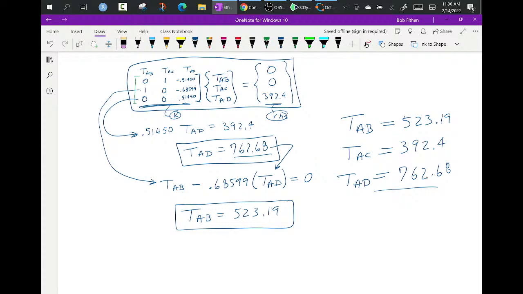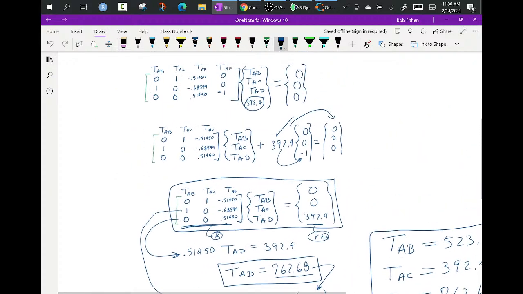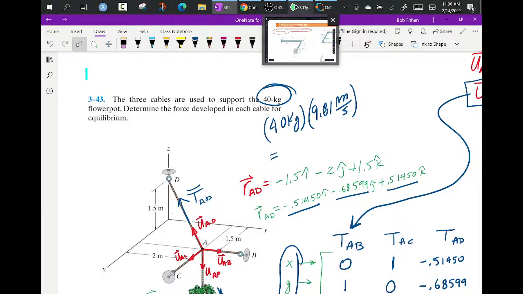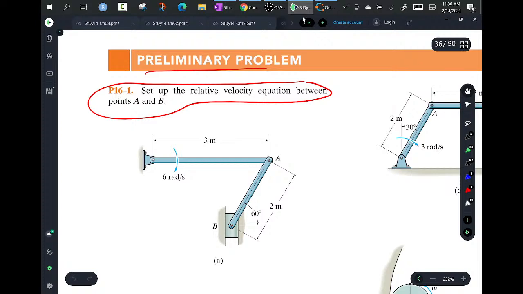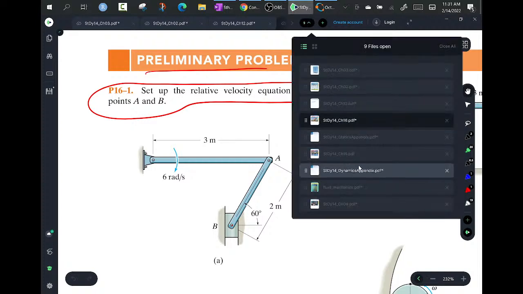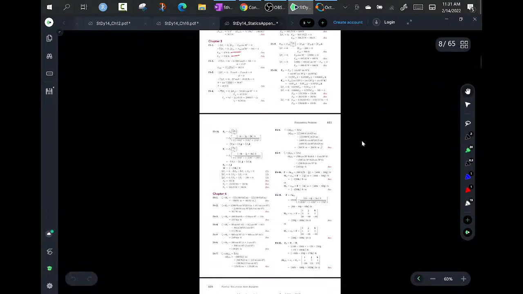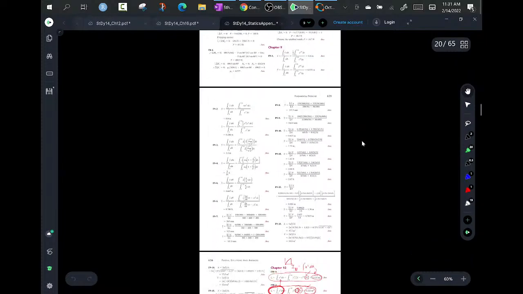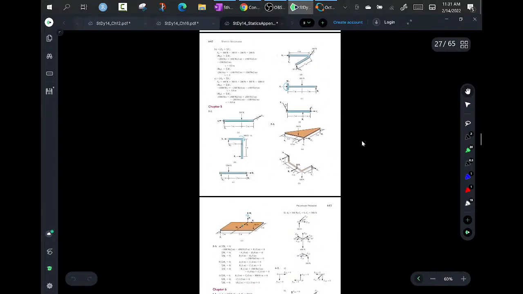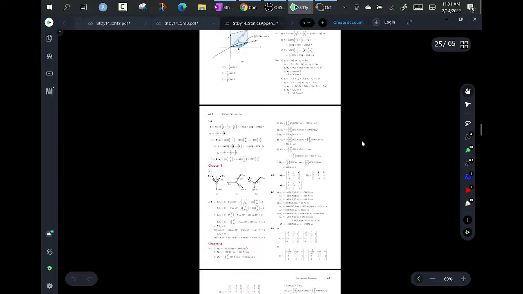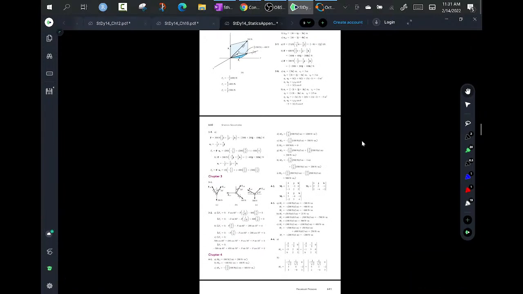Okay, so let's see how this compares to what he has in the answer at the back of the book. But to do that, I need to know what the problem number is. 3.43. The second thing, that's the wrong one, that's dynamics. Okay, this is the F problem, the fundamentals. Wow, I'm confused.